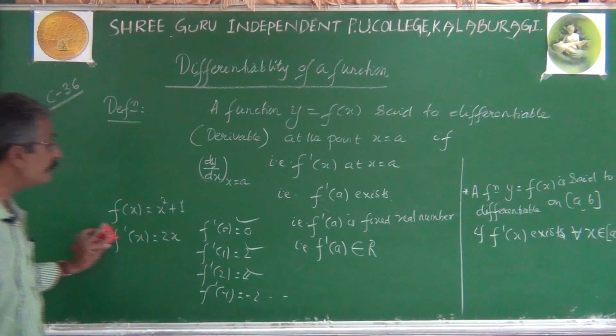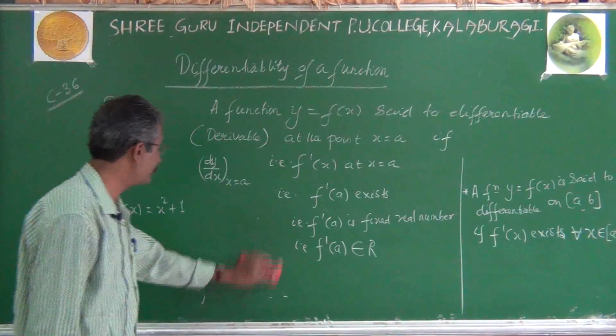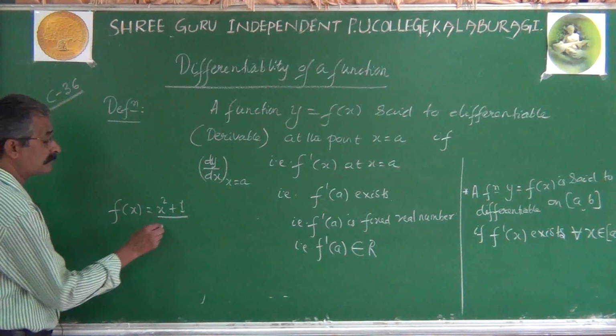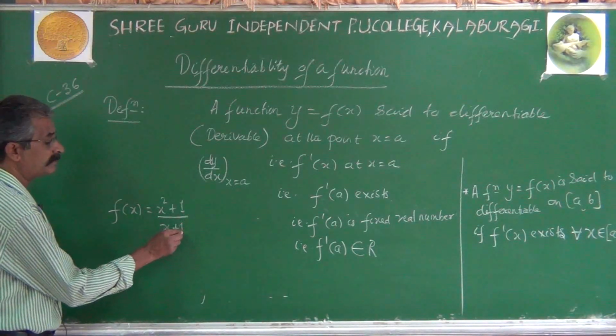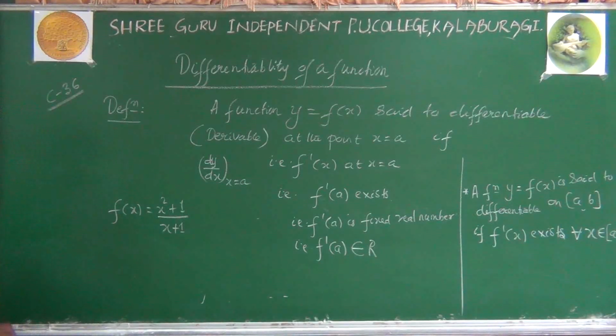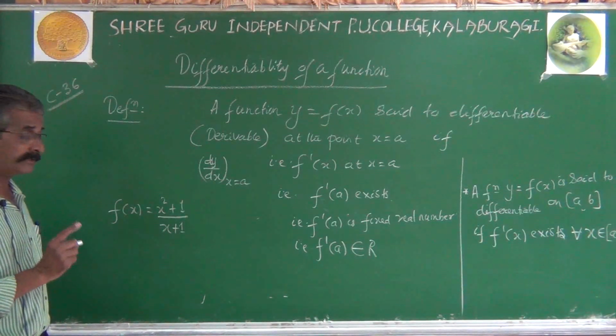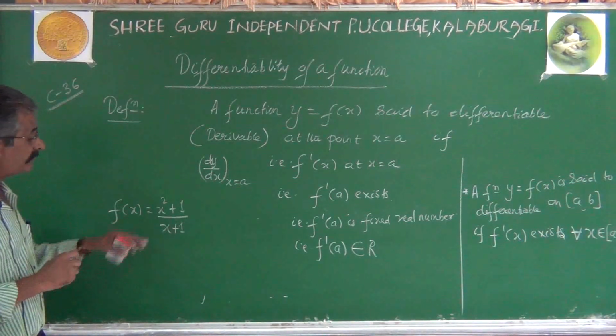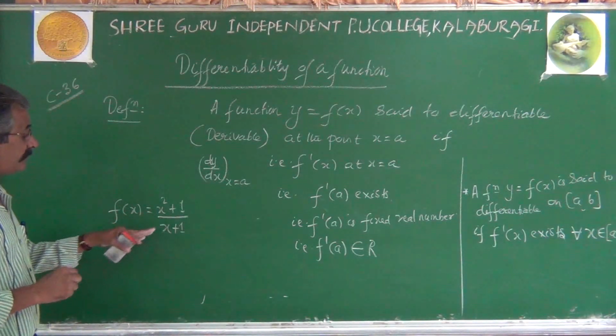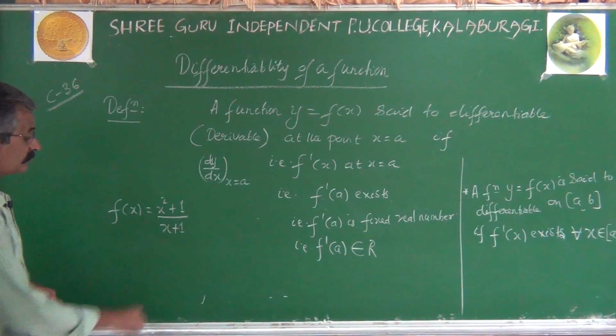But if you are given a function like x square plus 1 divided by x plus 1, this function is differentiable for all the values of x except at x equal to minus 1, because when you calculate f dash x, you need to apply the quotient rule.